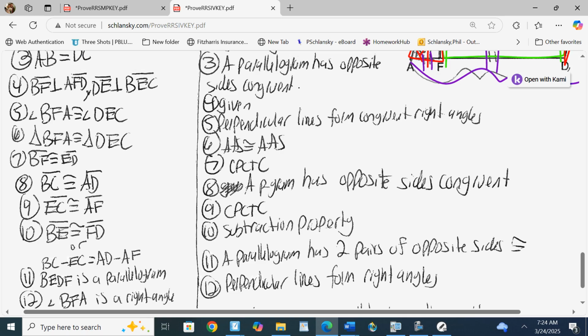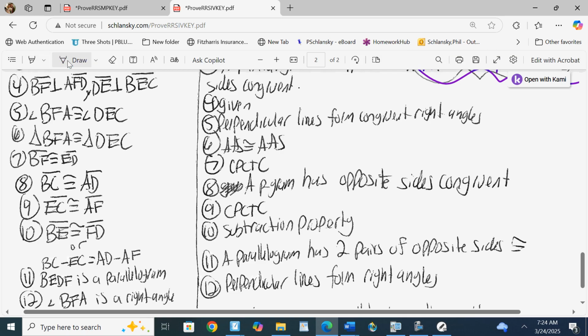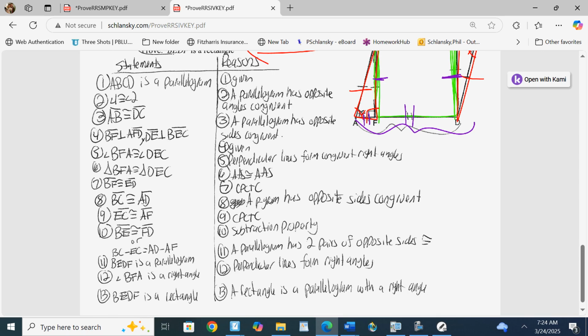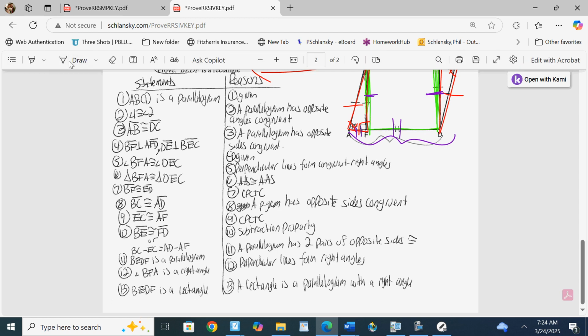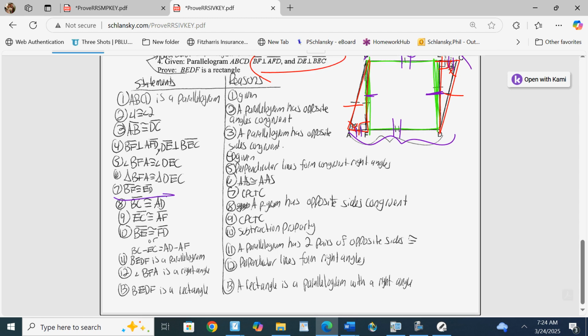Let me just zoom out a little bit so we can see the picture at the same time. I stated that BC was congruent to AD. This whole process here. Then what I was subtracting was CPCTC, and then I did my subtraction property.